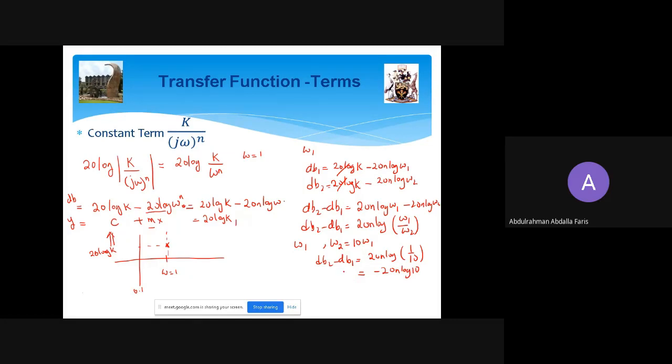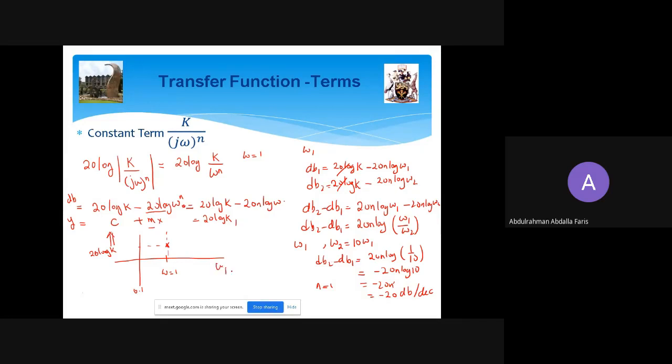So it means if there is an increase by a multiple of 10 between two frequencies, then the gradient is actually minus 20n, where n depends on whether it's a square or just one pole. If it's just one pole, then it is minus 20 dB per decade. Per decade means per every factor of 10 between two frequencies.